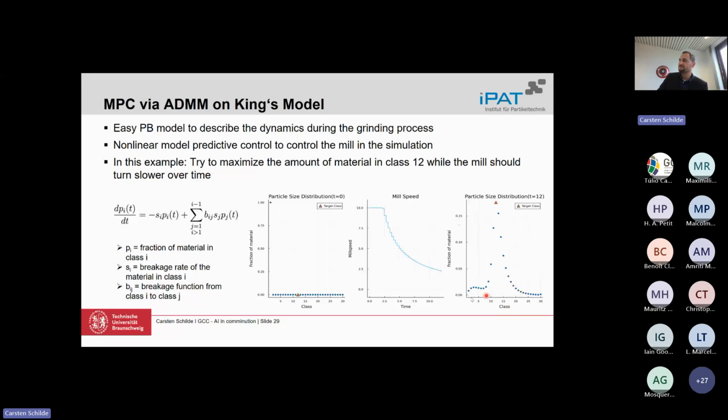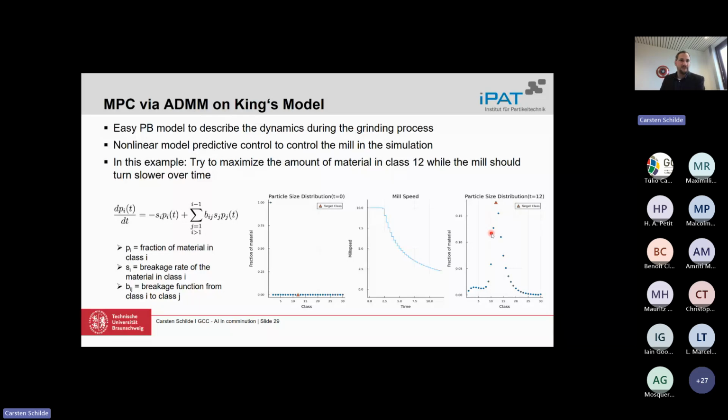It's just named here with classes. So the class corresponds to a certain particle size. And this is then our goal here, the target class, which is given here by this red dot on the top. And the process control strategy is now working to achieve this goal with minimum specific energy input.